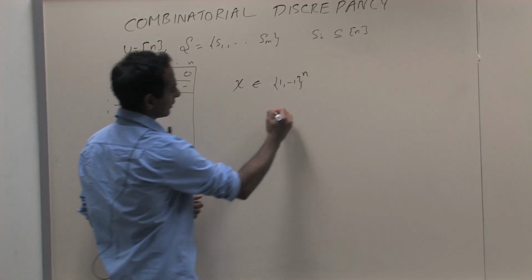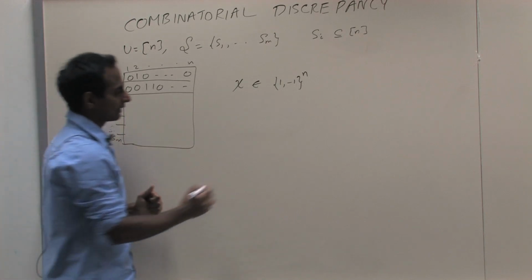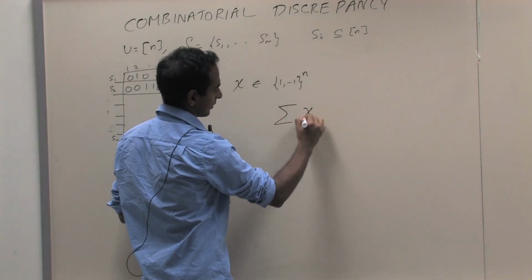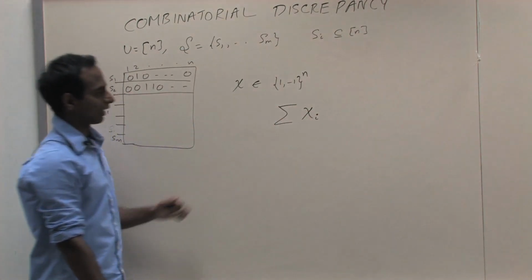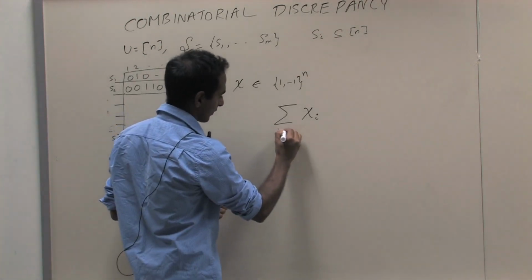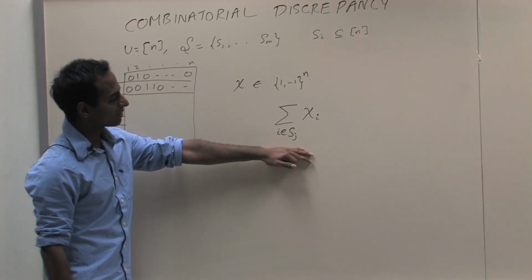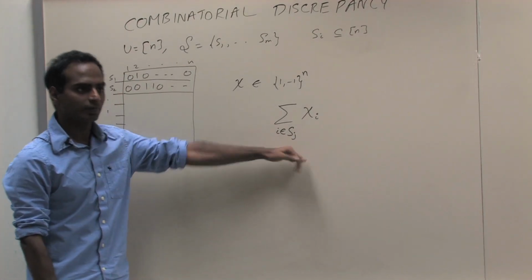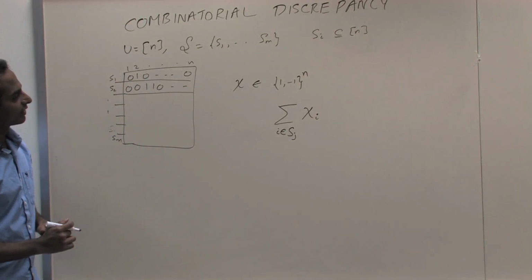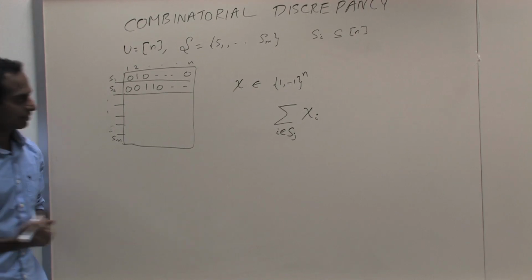In particular, the imbalance of any set is exactly the sum of the colors of elements within that set. So this is the imbalance of the set Sj. And what we are interested in is finding colorings which minimize the maximum imbalance.